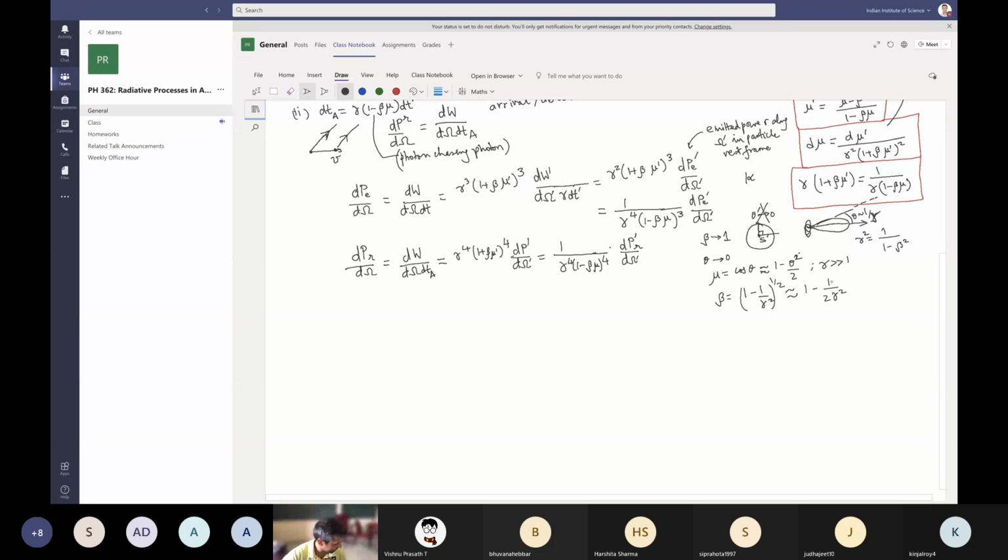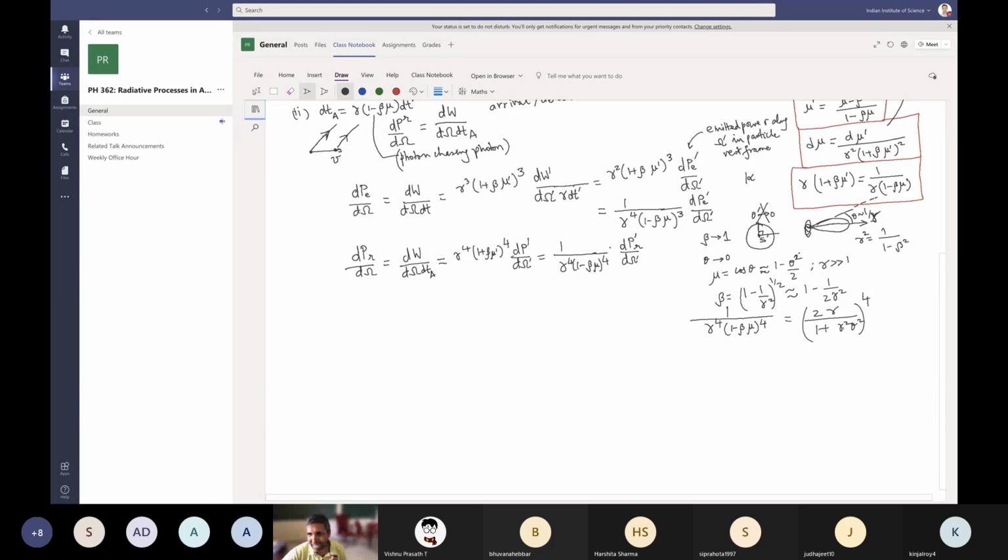What happens to the factor 1 by gamma to the 4 (1 minus beta mu) to the 4? You can easily show it becomes (2 gamma by 1 plus gamma squared theta squared) to the power of 4, using these approximations.